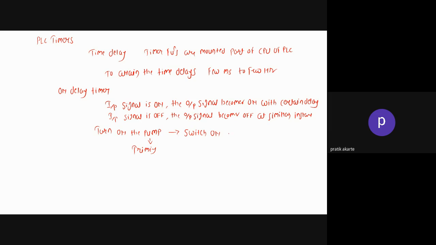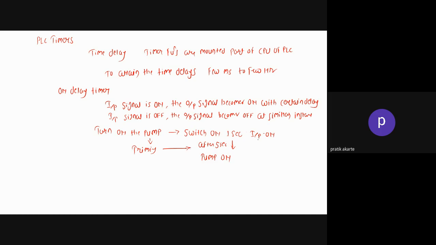Let us say you make the switch on at the first second, so that is your input on, and after 5 seconds or 10 seconds, your pump will be on. So what happens within this 5 seconds? Priming of the pump takes place.